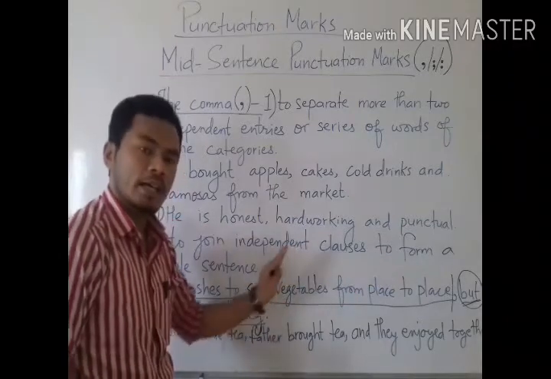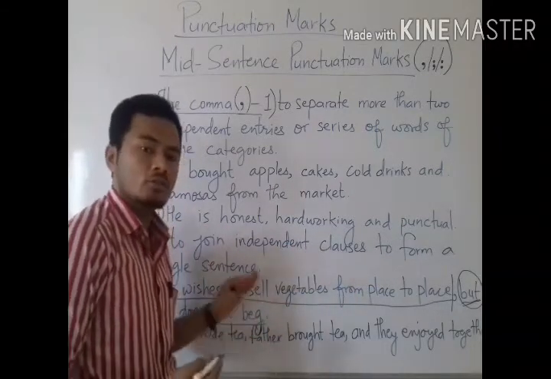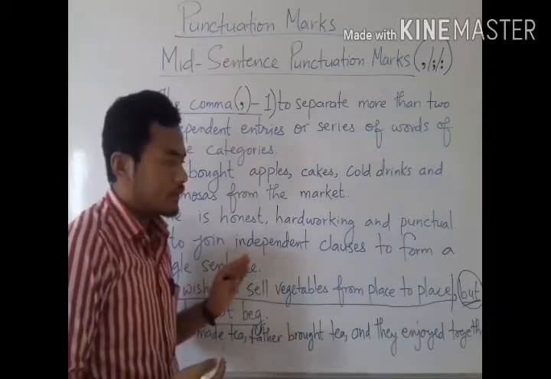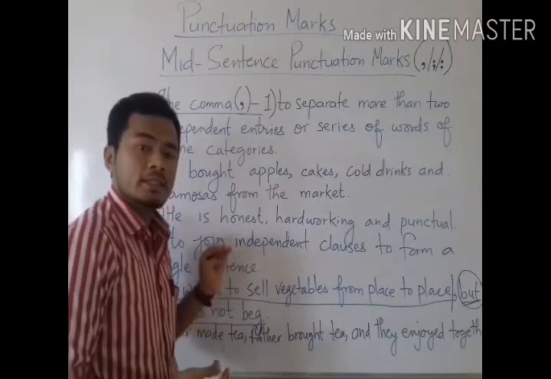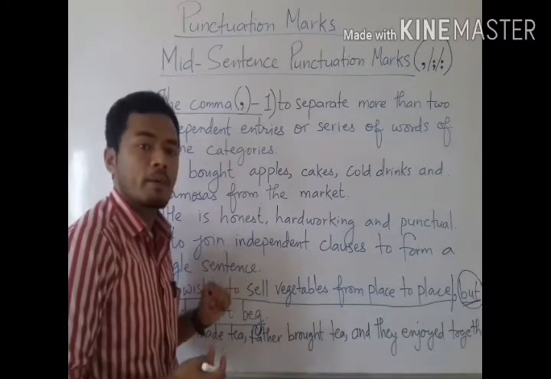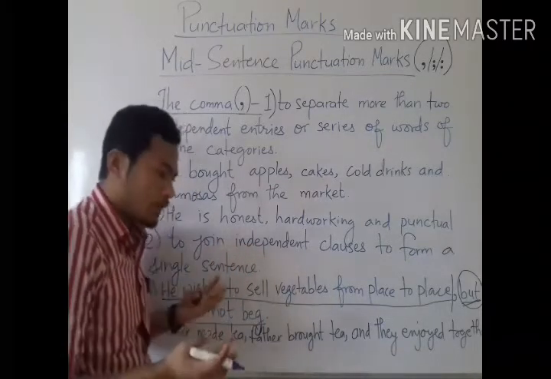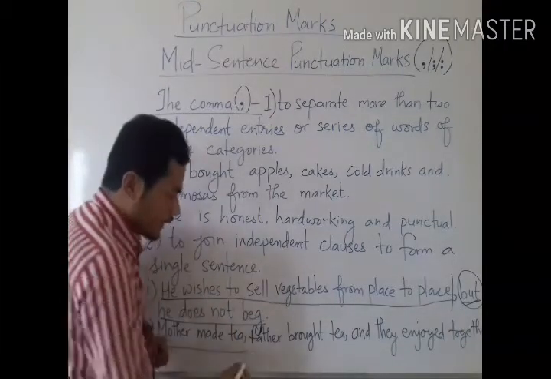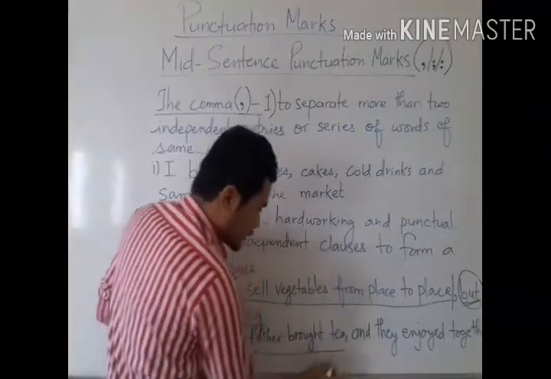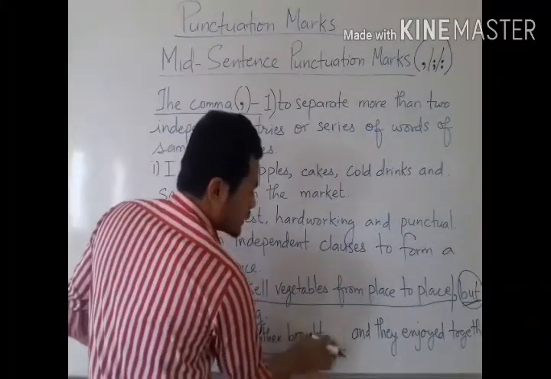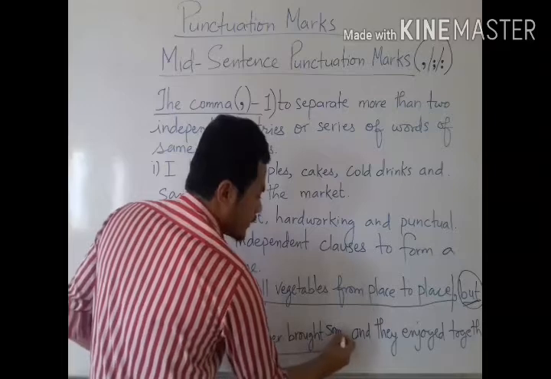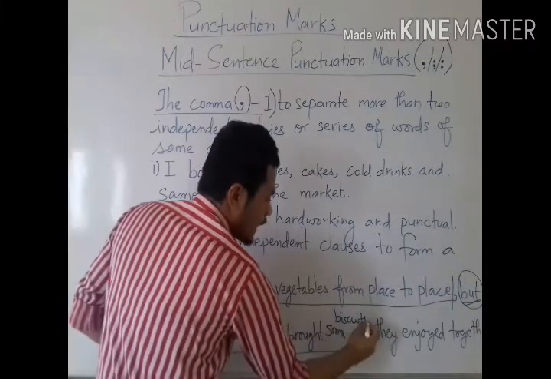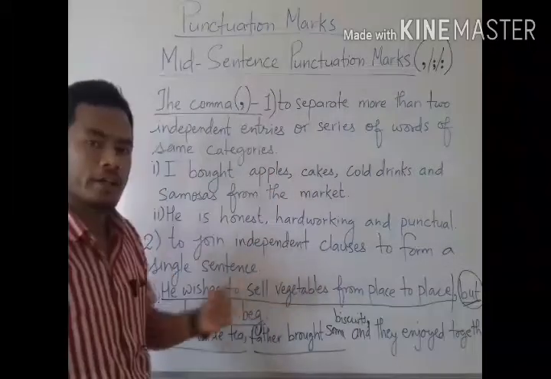So here we come to know that this comma has been used to join these two independent clauses, and that this sentence is made by two independent clauses. Now we can also take another example. Mother made tea, comma, father brought some biscuits, comma, and they enjoyed together.